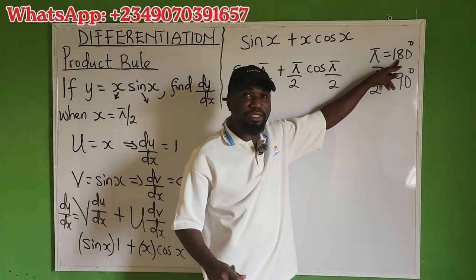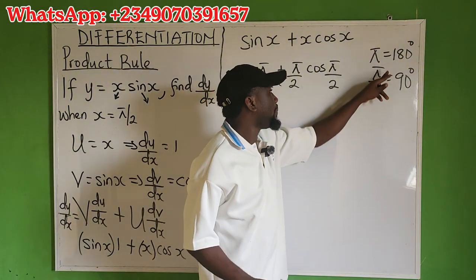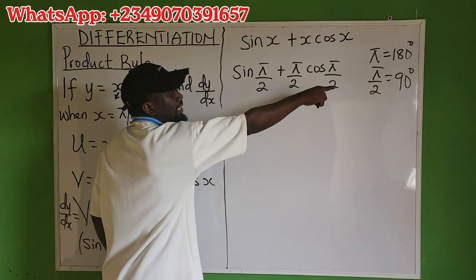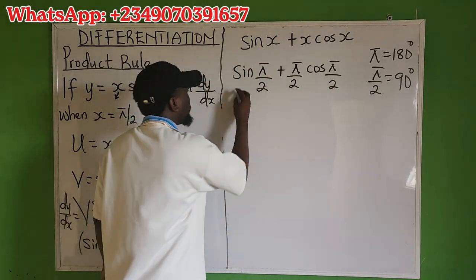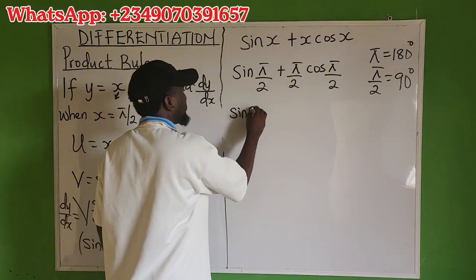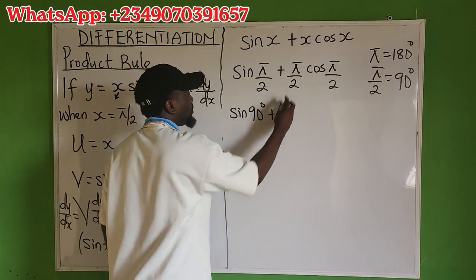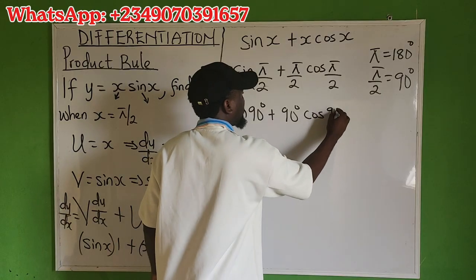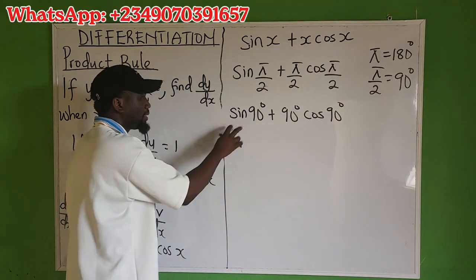Pi now is 180 degrees. Note that. Meanwhile, pi over 2 will be 90 degrees. So anywhere we see pi over 2, you are going to put 90 degrees. So this will be sine 90 degrees plus 90 degrees multiplied by cos 90 degrees. So what is sine 90?